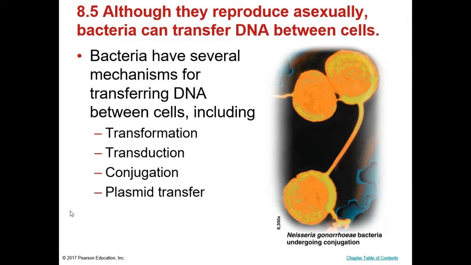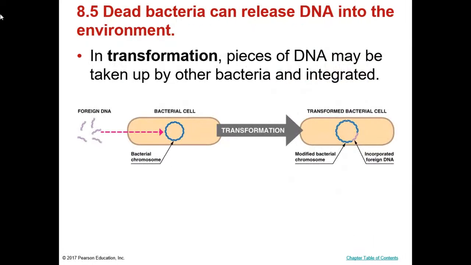And this is why they've been so successful, and they've managed to make it through thick and thin, if you will, right, throughout Earth's history. So transformation, transduction, conjugation, okay, and also plasmid transfer, all of which I've already touched on before, but let me get into a little bit more detail on each.